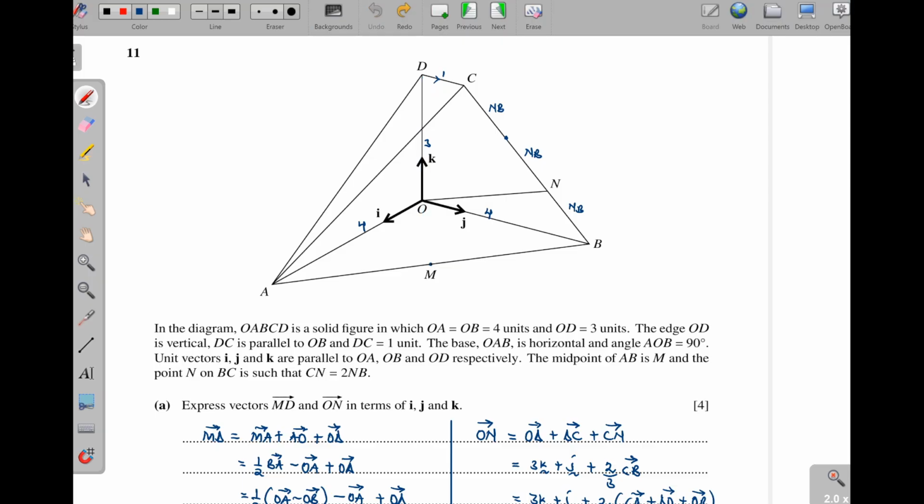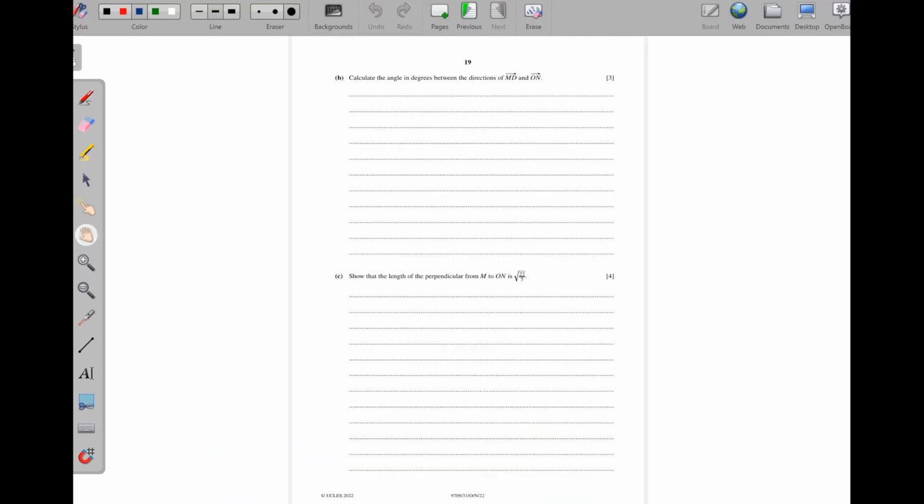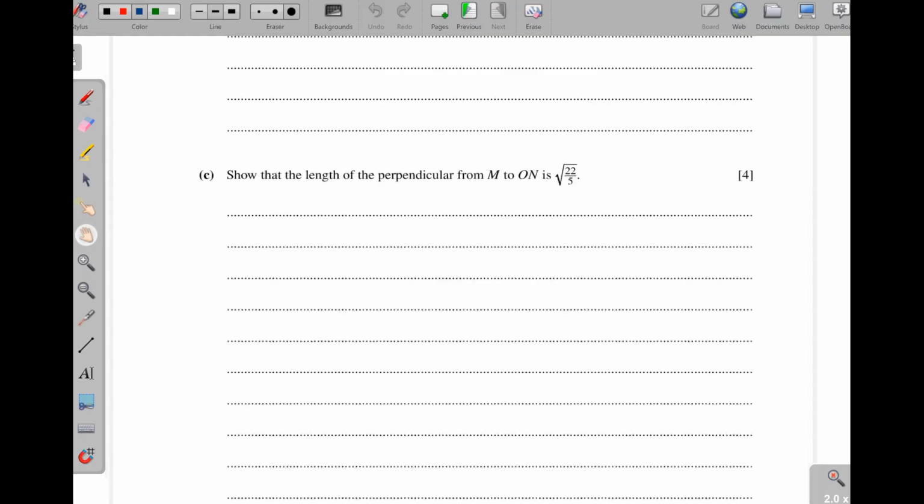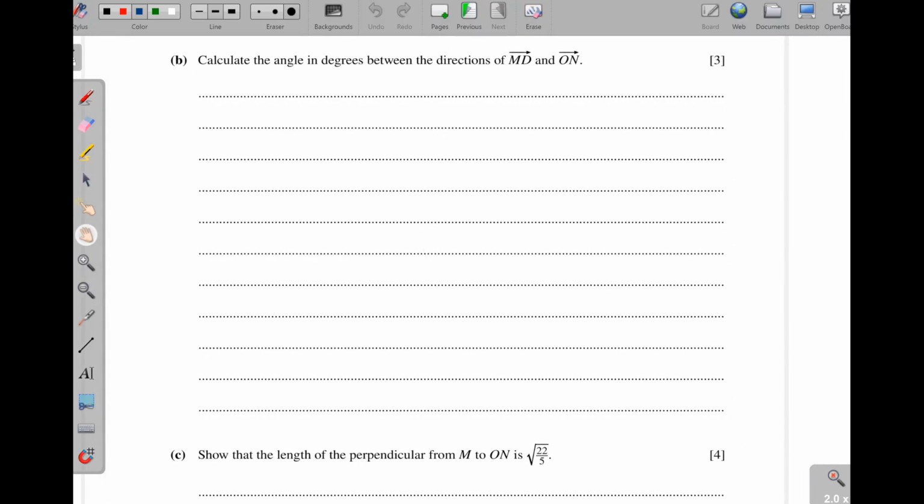When we are finding the angle between two vectors, we use the scalar product. So MD dot it with ON, then this one will be equal to the modulus of MD, then times the modulus of ON, or the magnitude, okay, then cosine of the angle that is in between them.